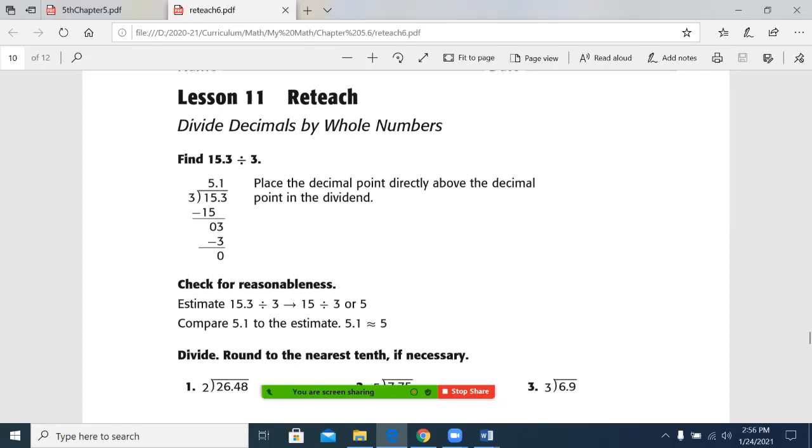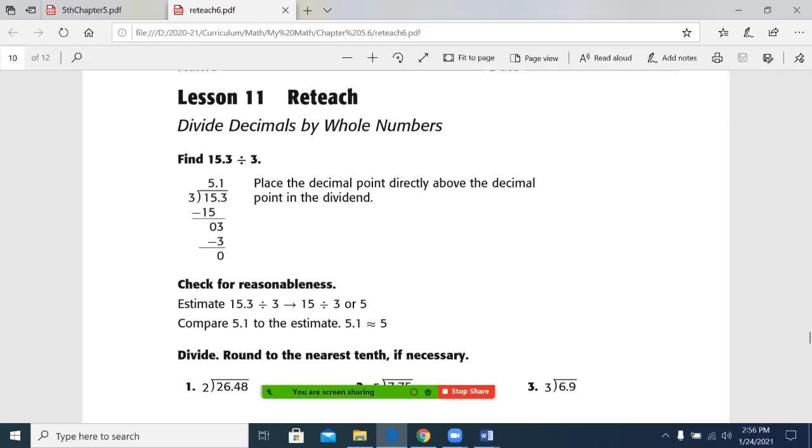So reteach 11 today, dividing decimals by whole numbers. This is part of the whole process of determining that the algorithm is the same. If you can divide by a whole number, you're in good shape. It's just a matter of where do I put my decimal point.